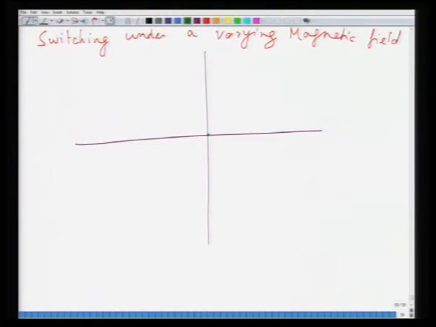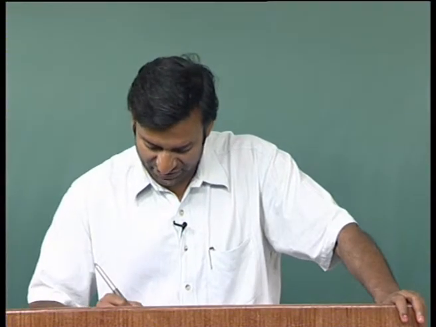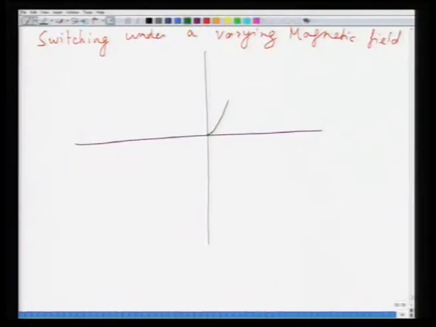Virgin state means the as-prepared state, which does not have any magnetization, and then this magnetization increases, and it saturates as the field increases to large values, and then it comes down and follows this kind of hysteresis.